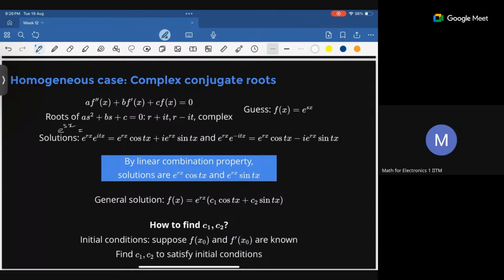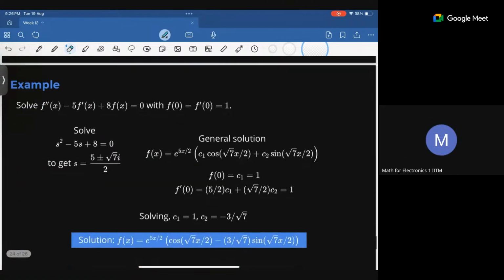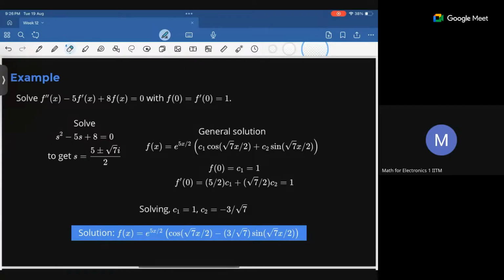Okay, so then what we have is finding c1 and c2, and we can do that by taking the help of initial conditions. Here is an example for that. Given the differential equation, form the characteristic equation, then get the roots. Once you have the roots, you have to identify what is r and what is t. r is 5 by 2, t is root 7 by 2.